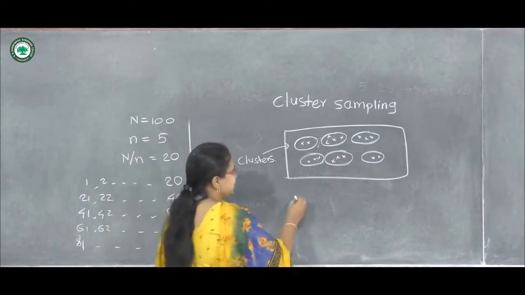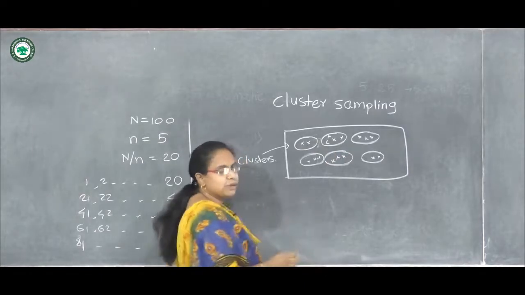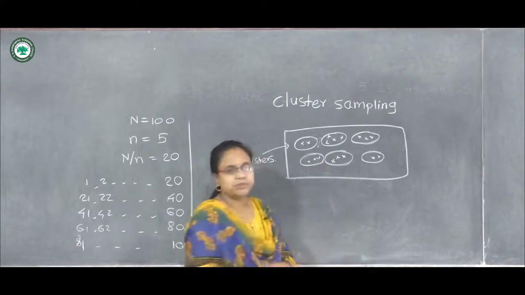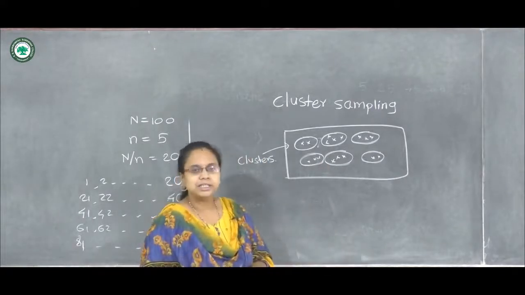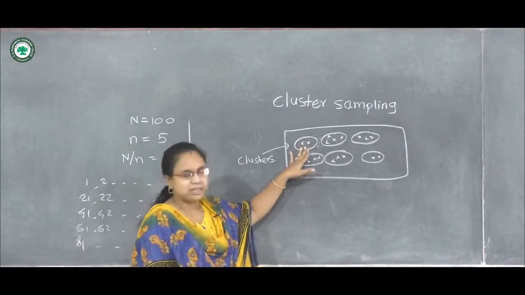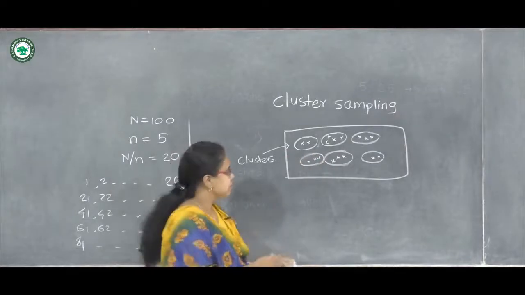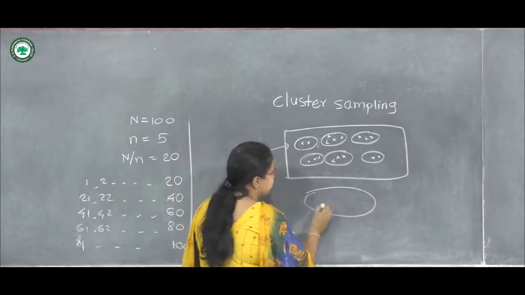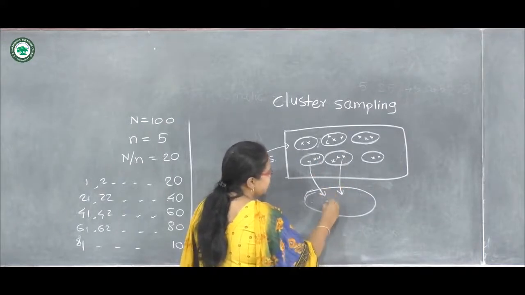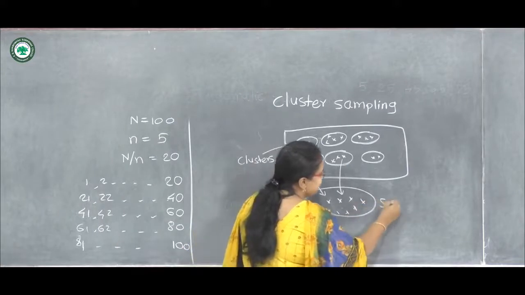So if I select 2 clusters, then my sample size will be the total number of units in those 2 clusters. Okay, so this is the method. In this method we only select the clusters and all the units in those clusters are included in my sample. Suppose these two clusters I have taken, then all the units from those two clusters will be my sample.